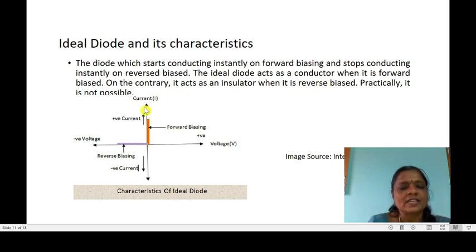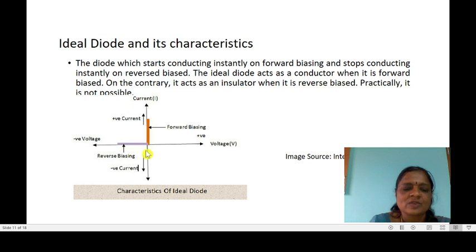Once again here you see the IV characteristics of the ideal diode. Voltage is taken across the x-axis and current across the y-axis. For zero voltage in the forward bias, you get high current.